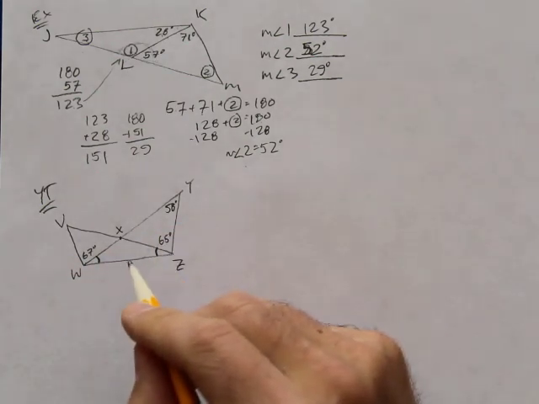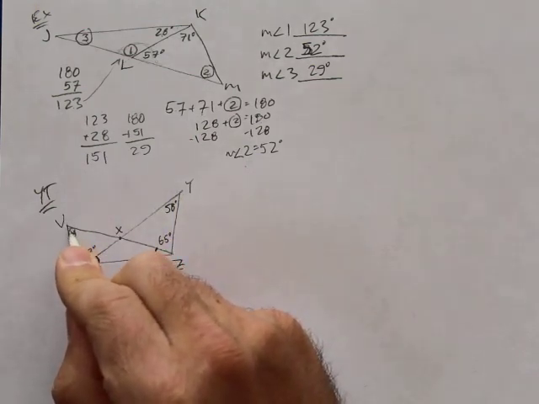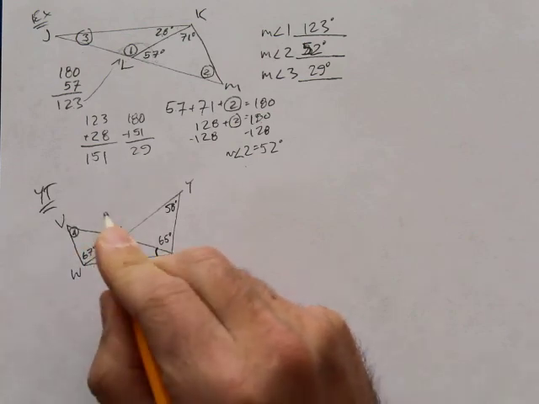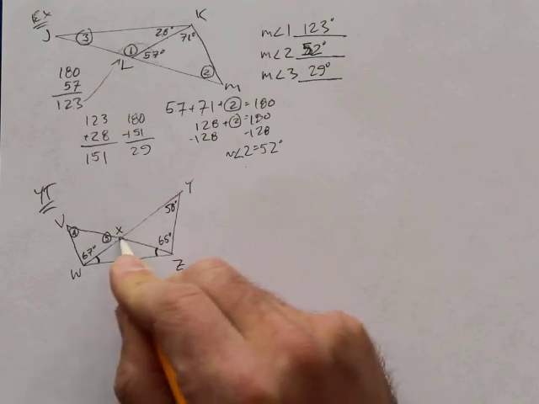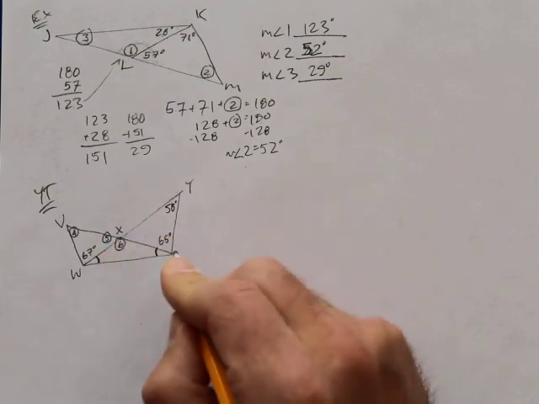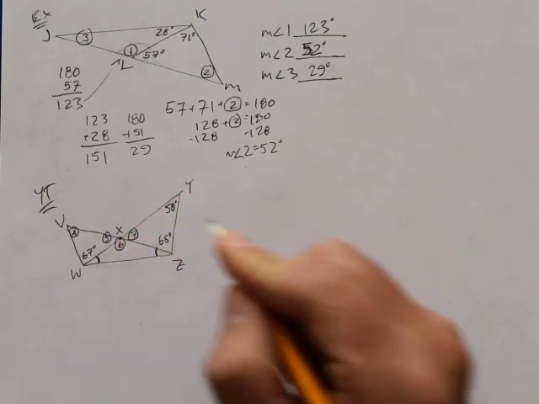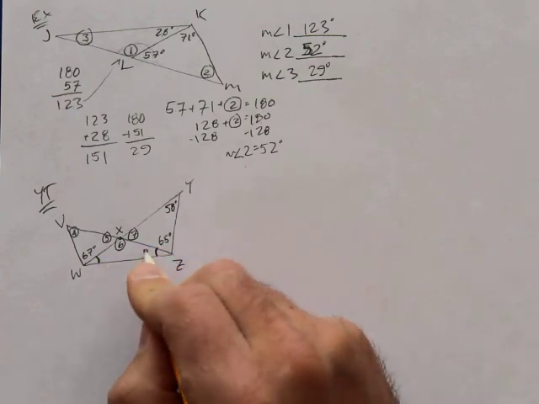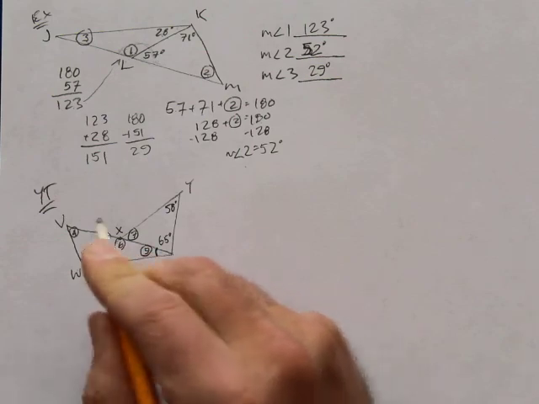Okay, now we need to find these angles. Angle V is 4, VXW is 5, WXZ is 6, ZXY is 7, XZW is 9, and XWZ is 8.